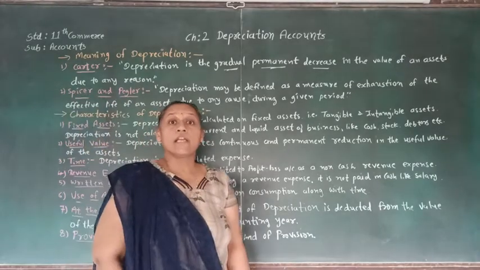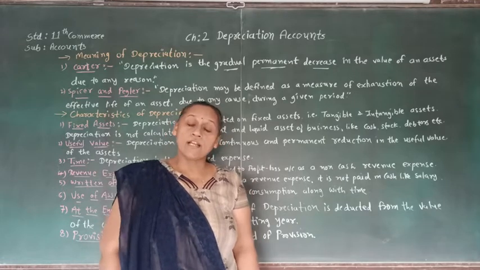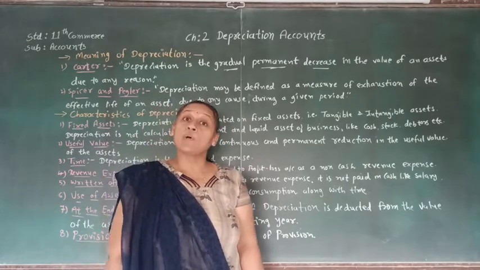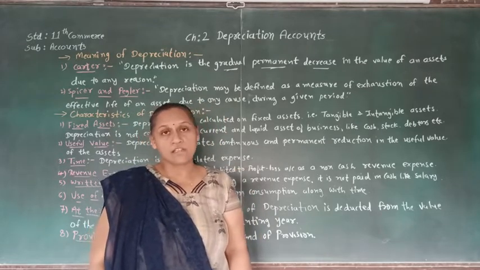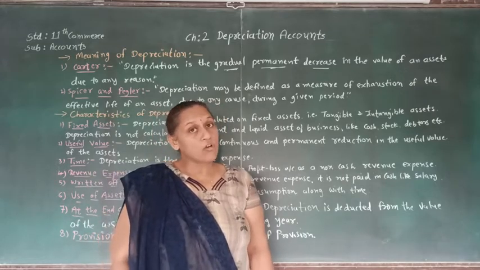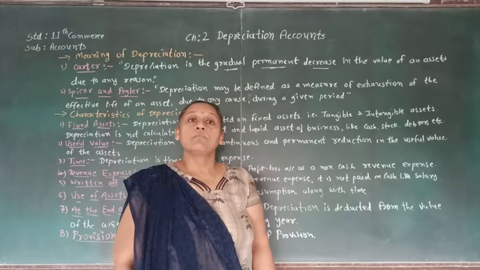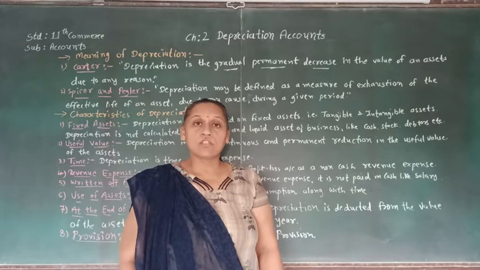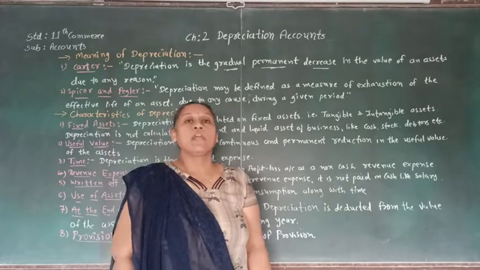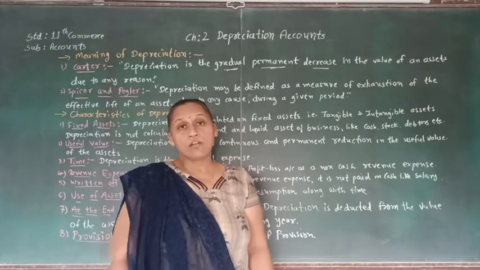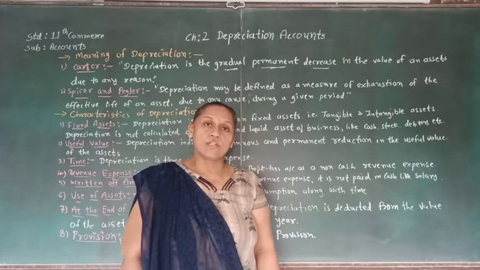If in a fixed asset we see a gradual and permanent decrease in the value, it is called depreciation, and it can be due to the time factor, usefulness, new innovation, a change in the choice of the customer, or any other reason.